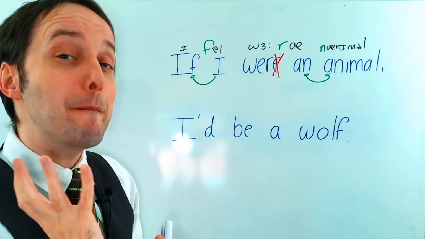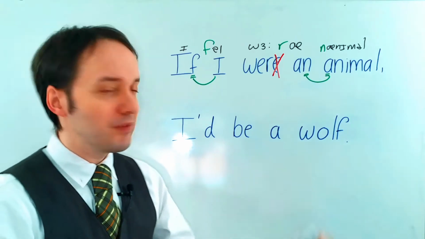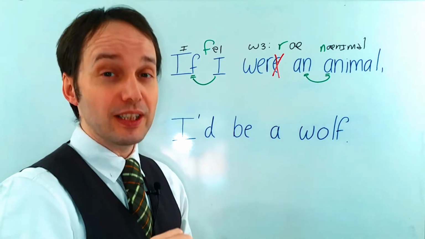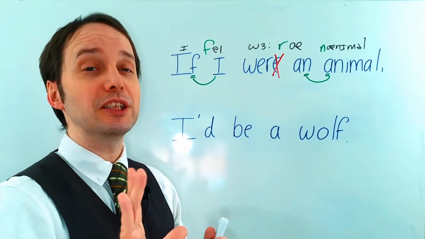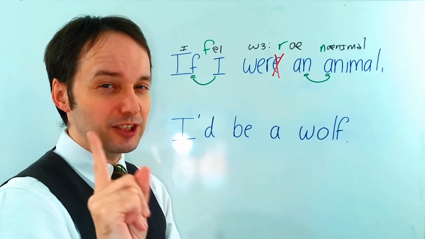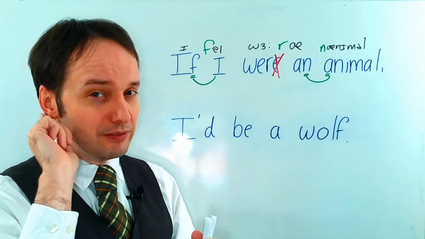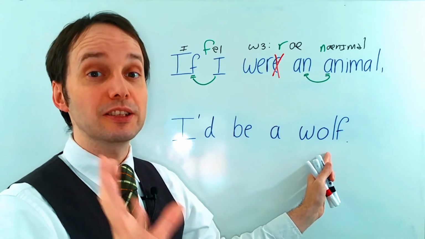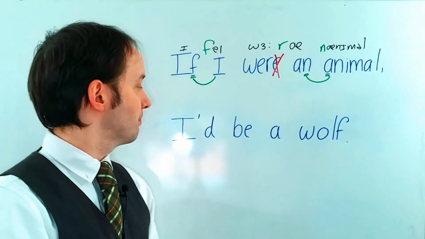Okay, let's look at the main clause. This is a little bit different. We have one example of connected speech, but it is a different category of connected speech. Listen to me very carefully and try to identify where the connected speech happens.